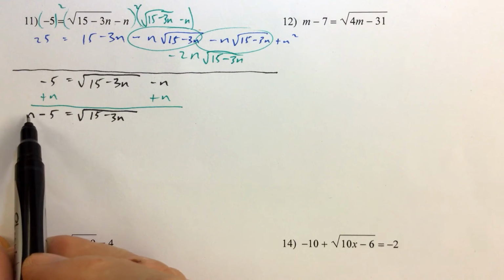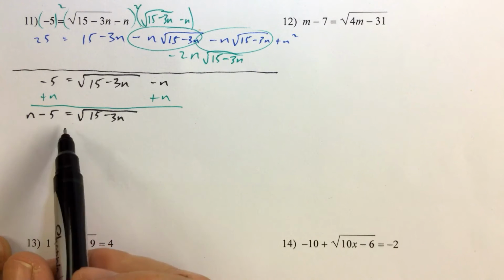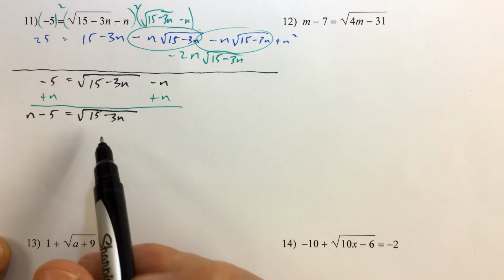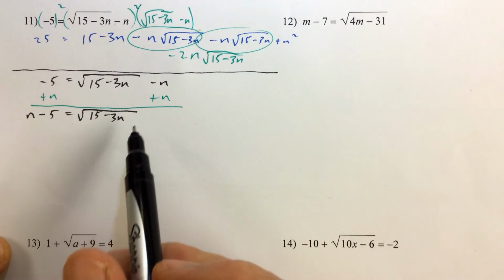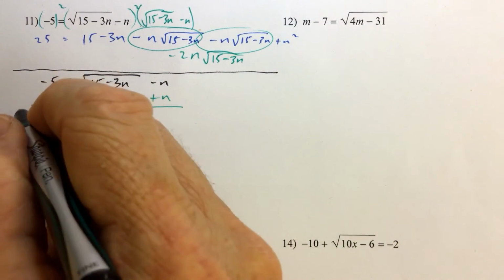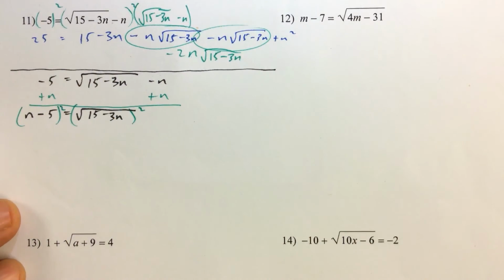Because squaring the other side, n minus 5, won't add a square root symbol in there, but squaring the right side will remove the square root symbol. So then now squaring both sides, we won't still have a square root in our equation. So that's the little trick.